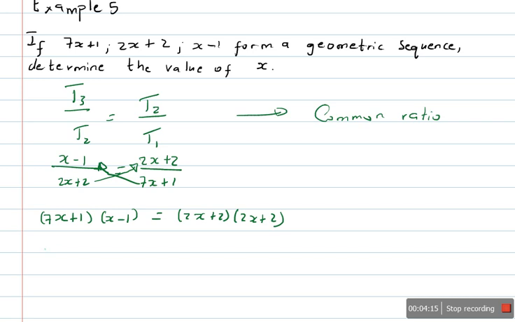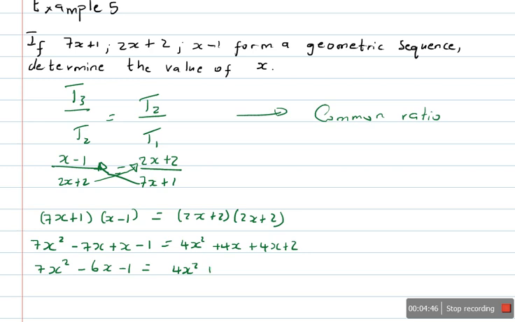So on this side we get 7x squared minus 7x plus x minus 1, which is 7x squared minus 6x minus 1, equal to 4x squared plus 4x plus another 4x plus 4, which is 4x squared plus 8x plus 4, right?